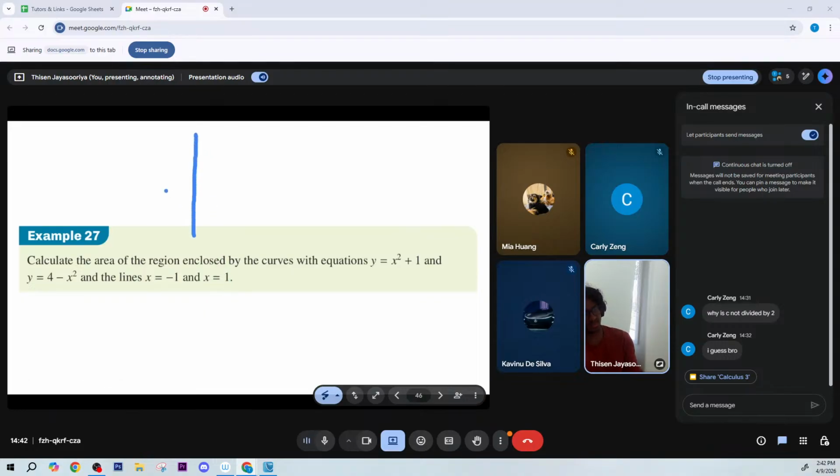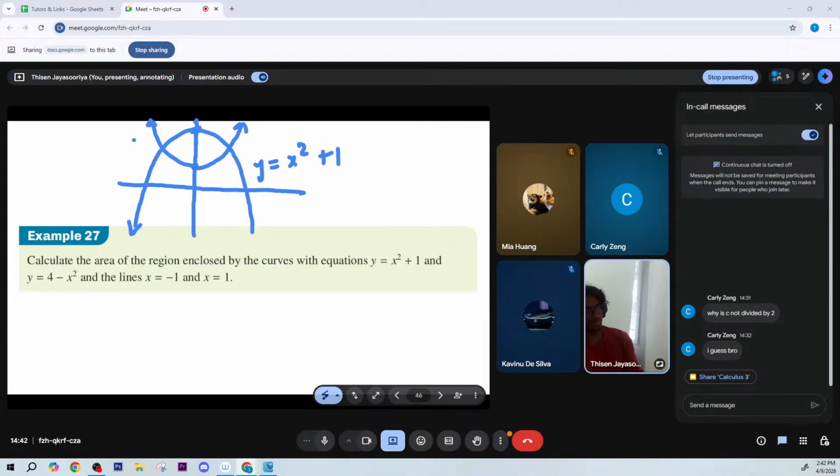So this is what these two curves look like. We start off up here, and this first curve is y equals x squared plus 1. This over here is my second curve, y equals 4 take away x squared.